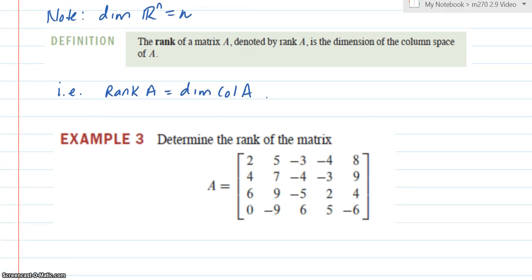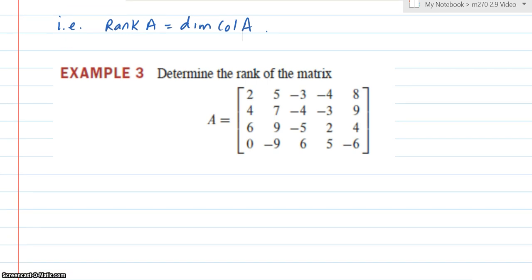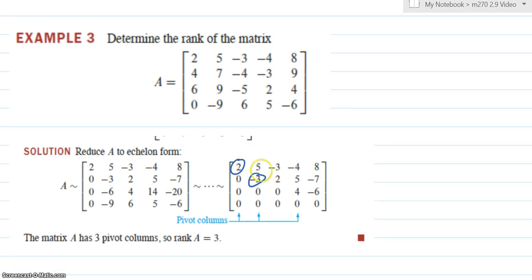So let's look at this example, example 3 in the book. Determine the rank of the matrix A given here. Well, here's the book solution. What we're going to do is reduce A to echelon form. Doing that, we notice the pivot columns: here's a pivot, here's a pivot, and here's a pivot.